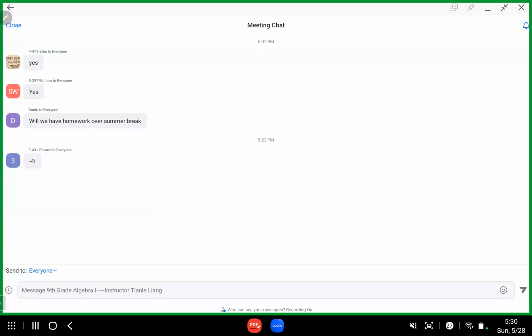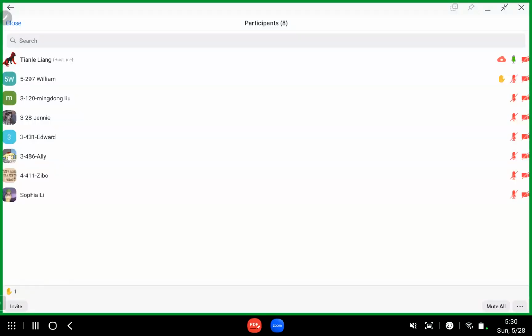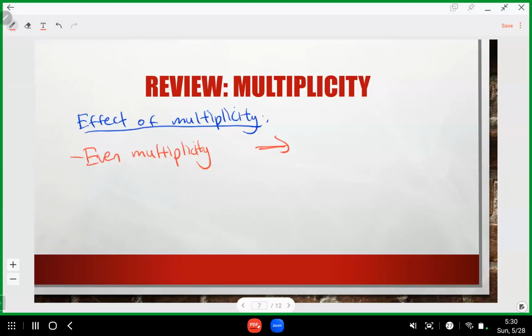Somebody answer this in the chat so we can keep this class moving on. What happens to the graph? All right, William, do you have an answer? Both of the arrows go either up or down. Right, as you said, the arrows go up or down.